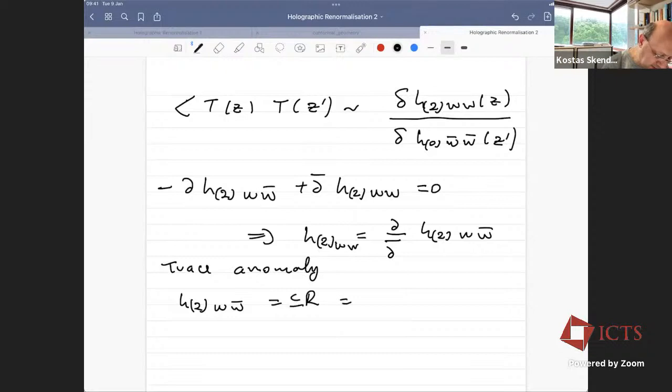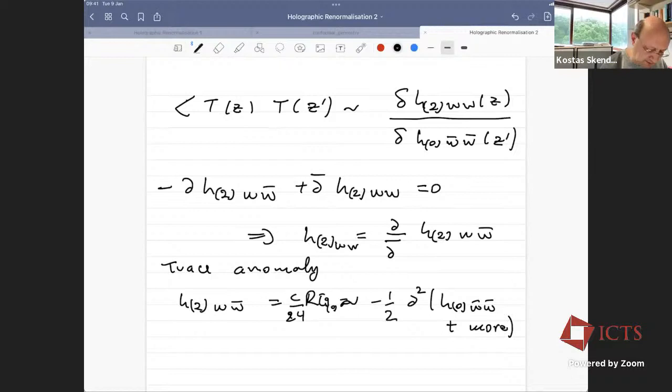And I see over 24, I forget. So this curvature depends on the boundary metric, plus more terms that do not depend on this.